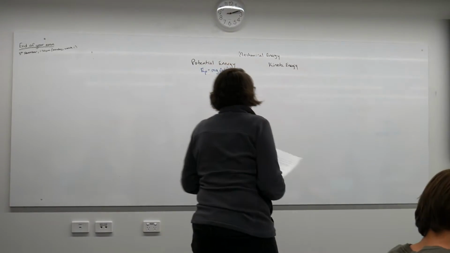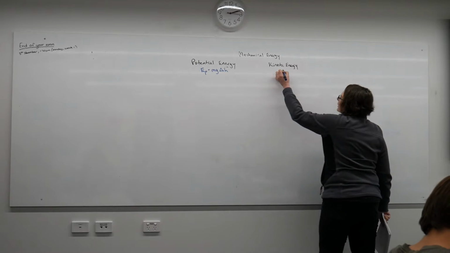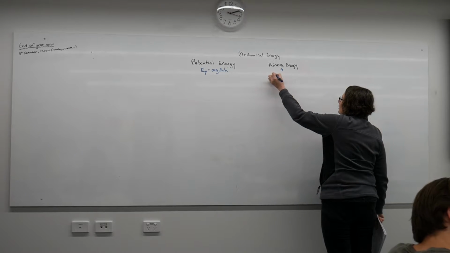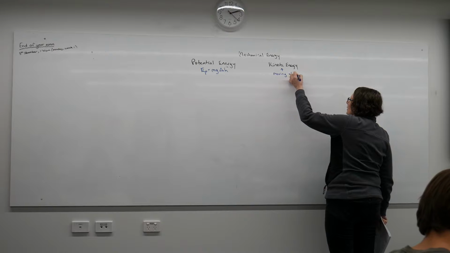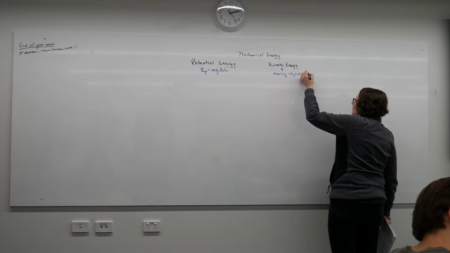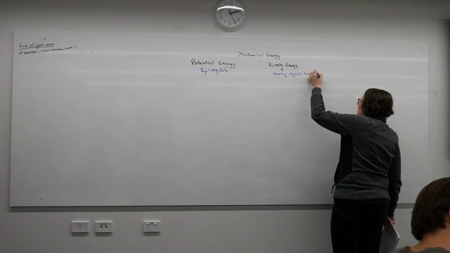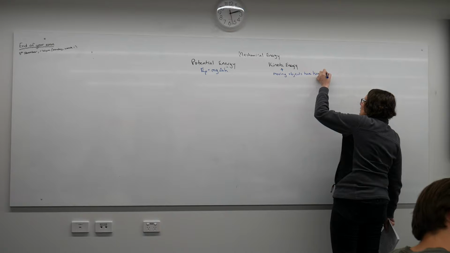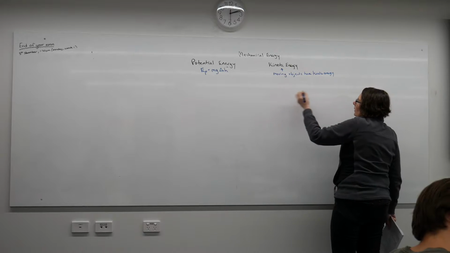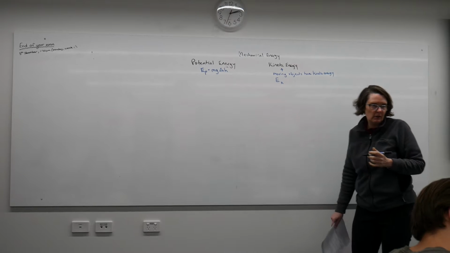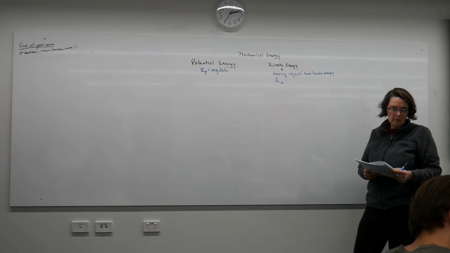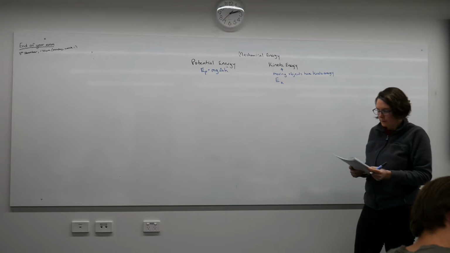Okay, so any objects that are moving have kinetic energy. And we can represent energy in this case as capital E with a subscript K, or kinetic energy.